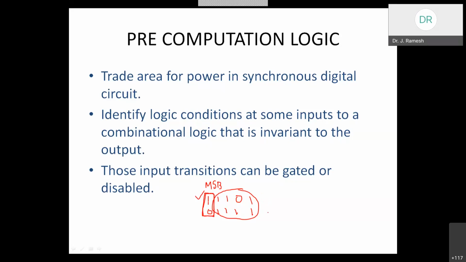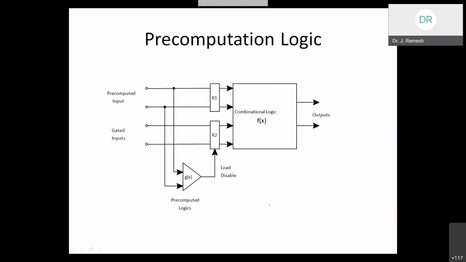If we are unable to come to the conclusion, then we have to compare all the bits. That is the point. But if we are able to make a decision based on the MSB itself, then propagation of the other signals inside the circuit can be stopped.